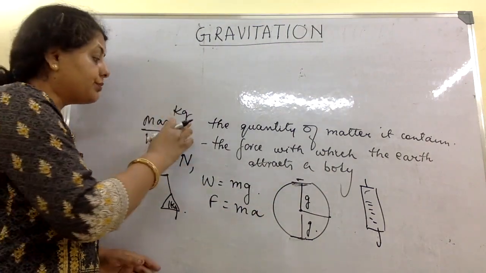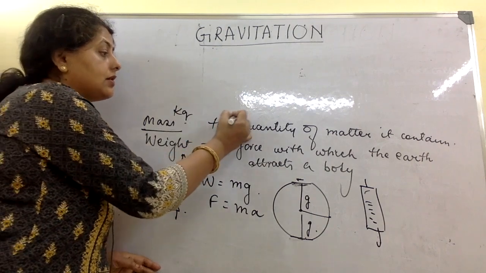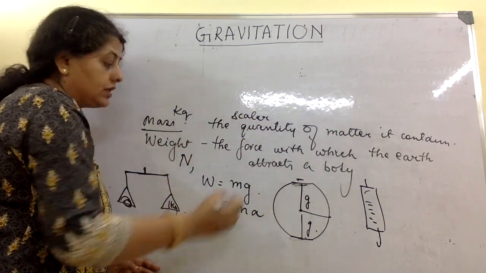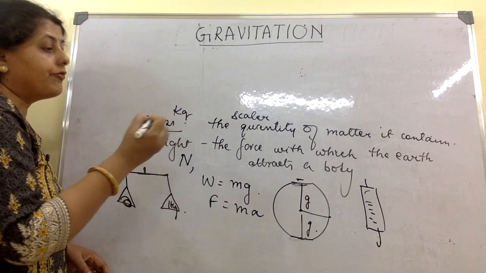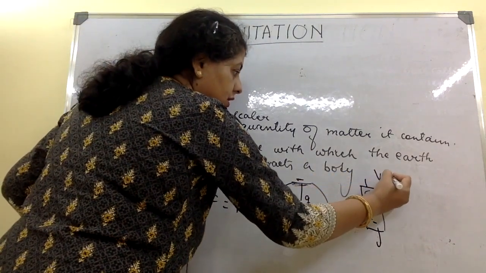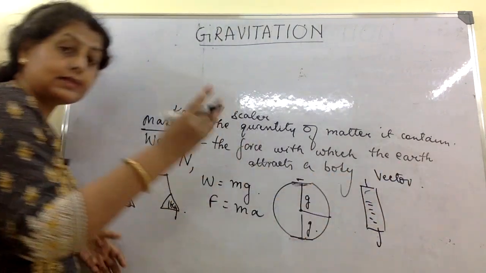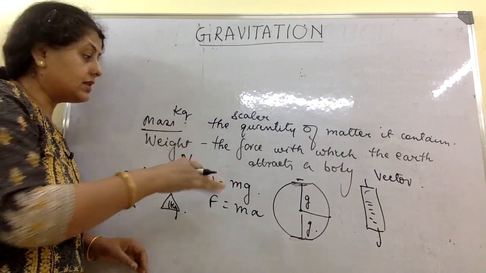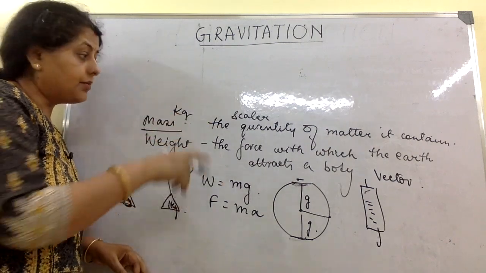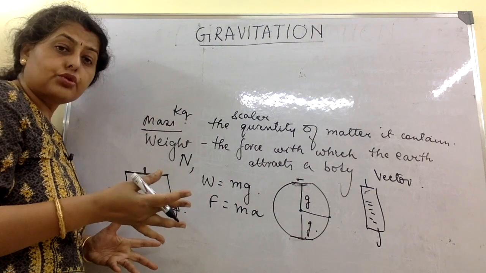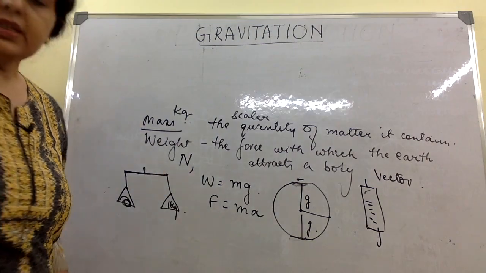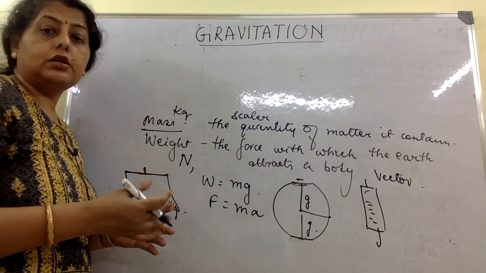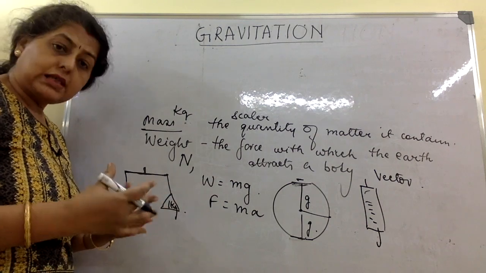So mass is a scalar quantity and weight is a vector quantity. This is a vector because weight has a direction. Weight is towards the earth, mass has no direction. So these are a few of the differences between mass and weight.